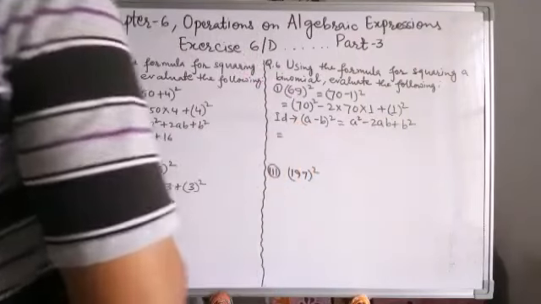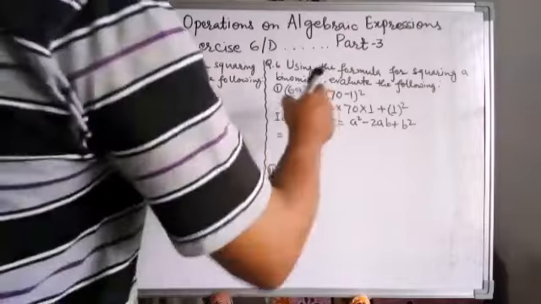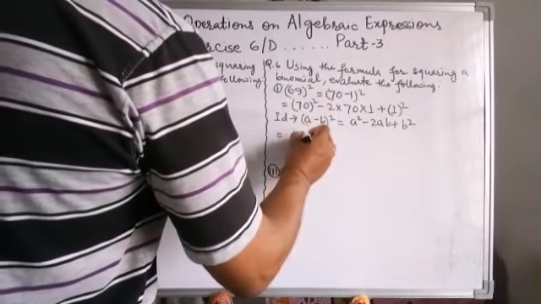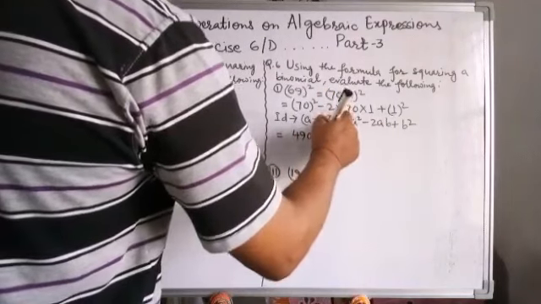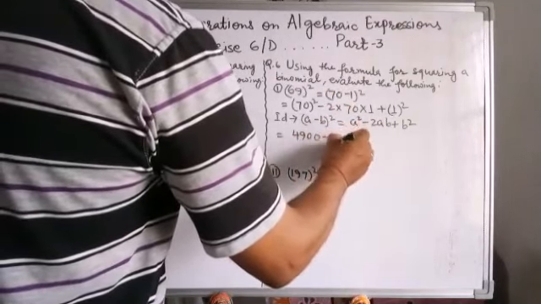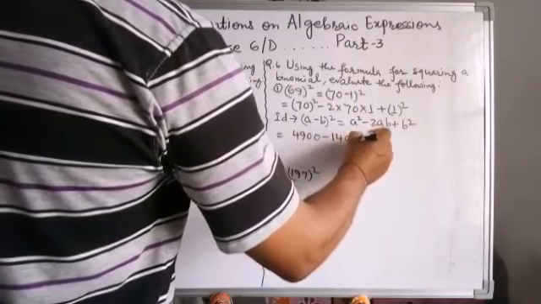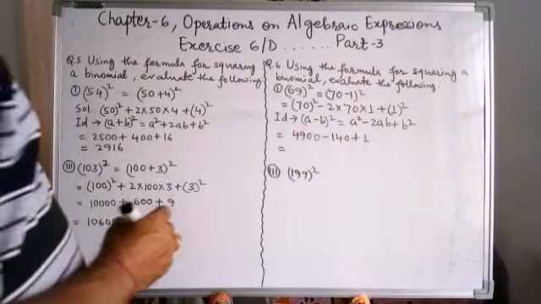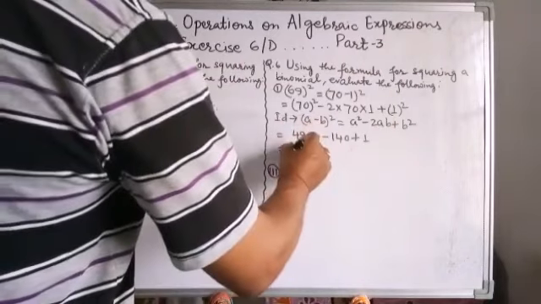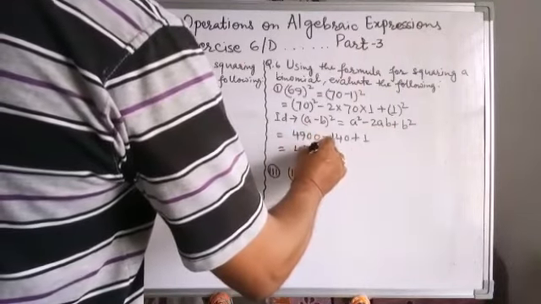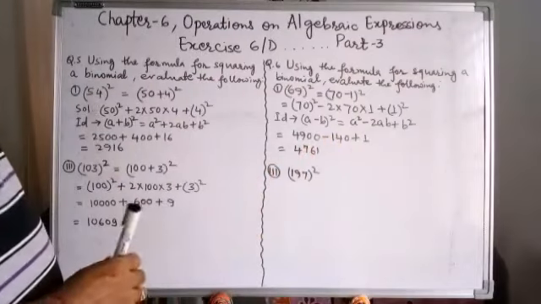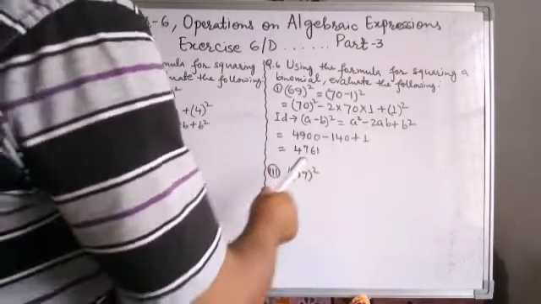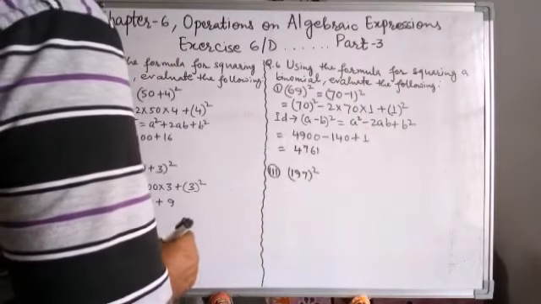The value of this binomial term is 4900 minus 140 plus square of 1 is 1, which is equal to 4761.